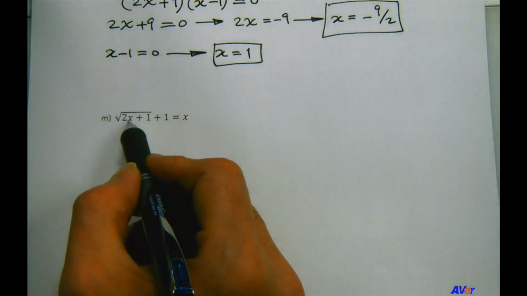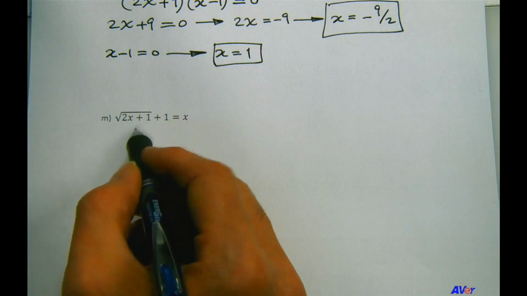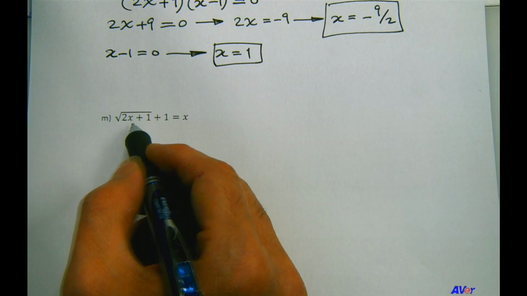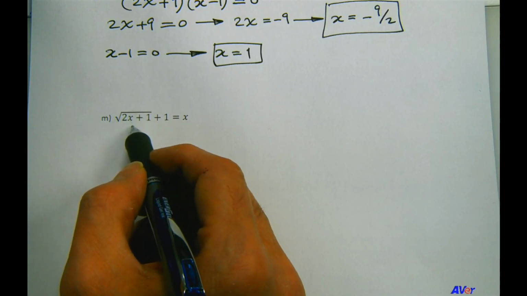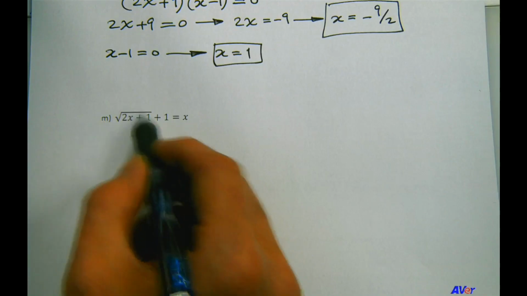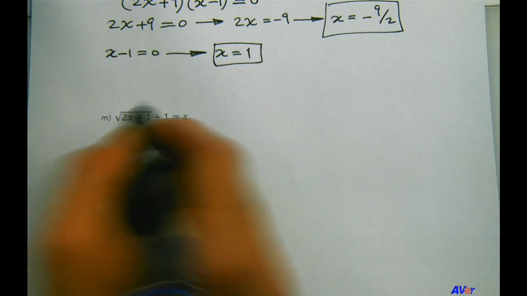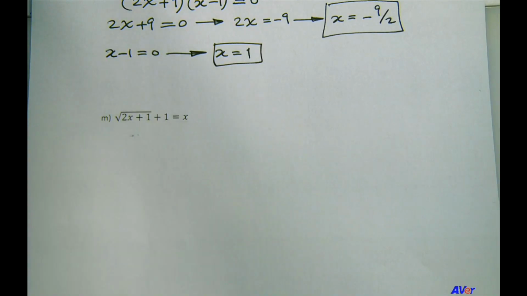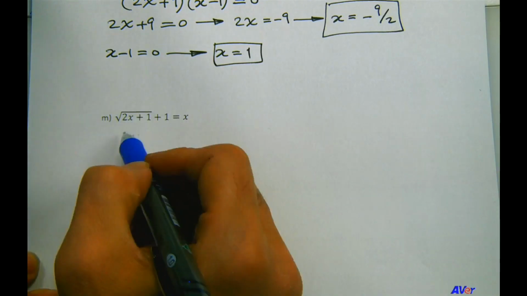Any variable x that is under a radical, you want to do something to bring it out, because as long as this x is inside the radical, you cannot solve for it. You need to ungroup it from the square root symbol or operation. To do that, first thing, isolate the one radical expression on one side.